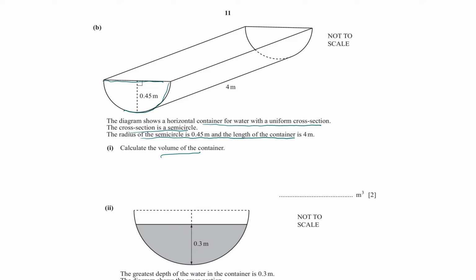Volume would be area of the cross section times length.